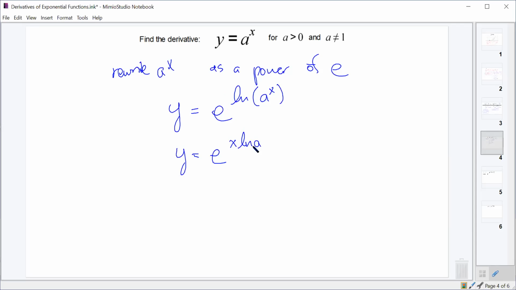And so now what do we have? We've got y equals e to the u, with u equal to x times the natural log of a. All right. Well, how do we take the derivative of this?